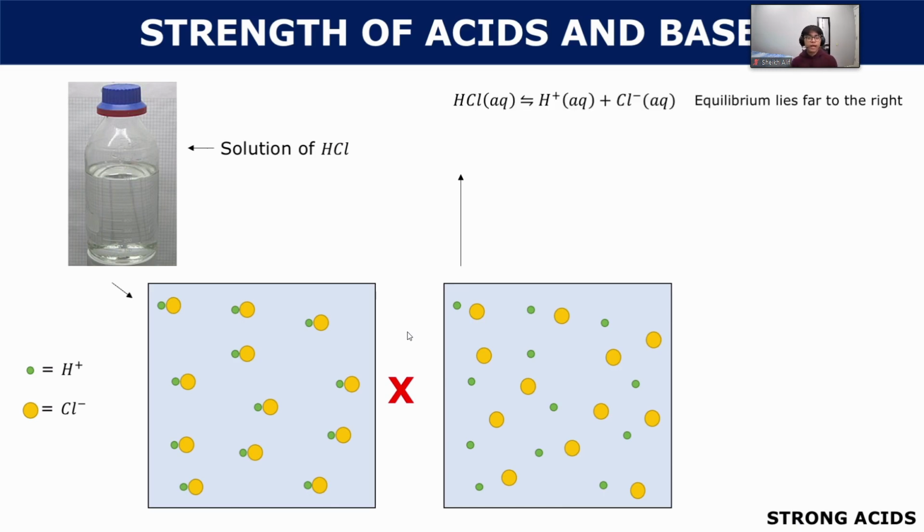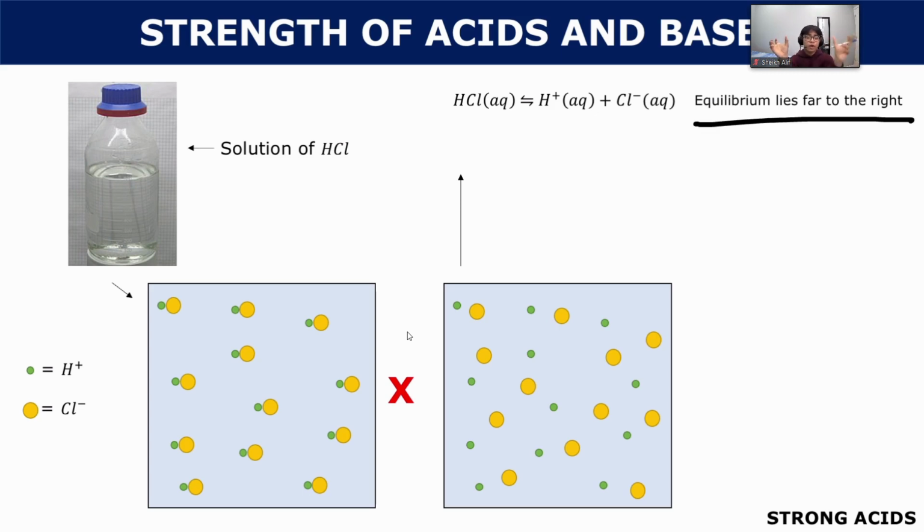If we write out the reaction, hydrochloric acid is going to dissociate into H plus and chloride ions. And then what's that part to the right? Equilibrium lies far to the right. In any equilibrium, you're going to have reactants and products, and based on however much of products and reactants you have, equilibrium is going to lie at a certain place. If you have more reactants than products, equilibrium is going to lie to the left.